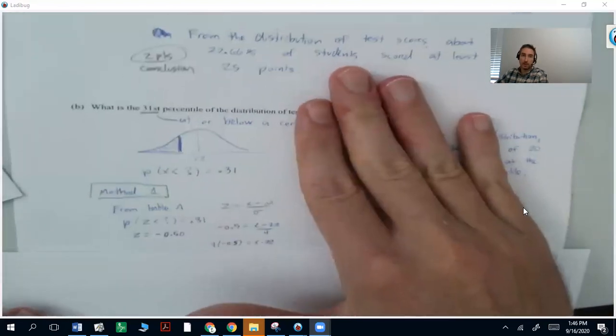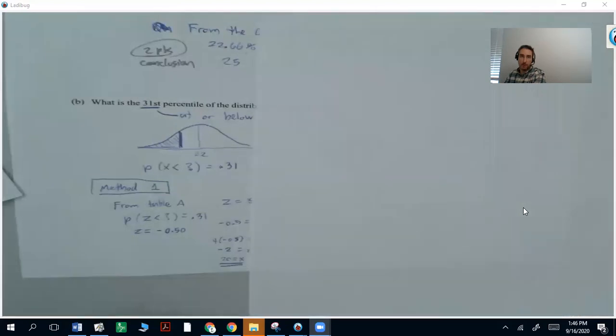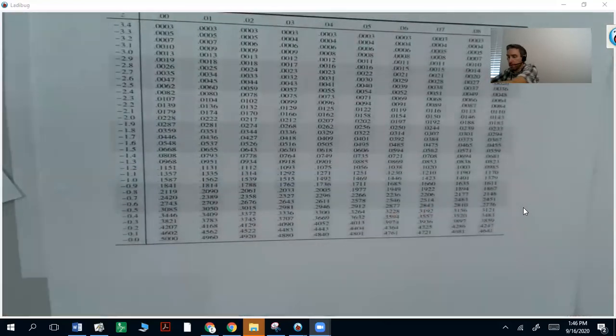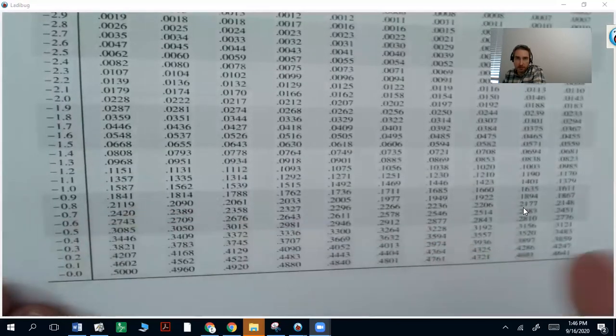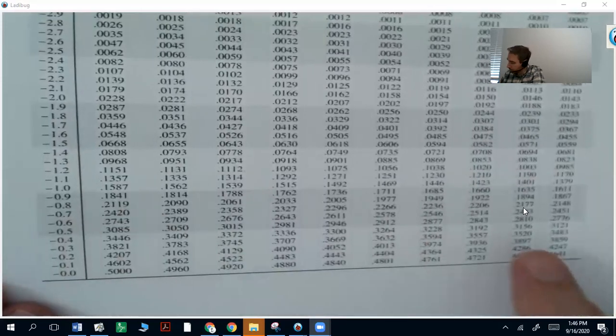We got 2 methods to use here. One method would be going back into the table and using table A. We would have to find on table A approximately where is 31%. This is where the z-score is negative because it's left of the mean.